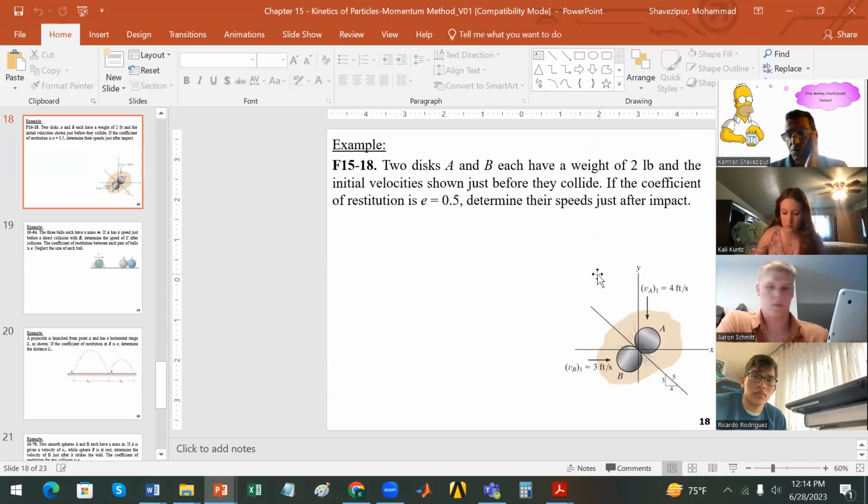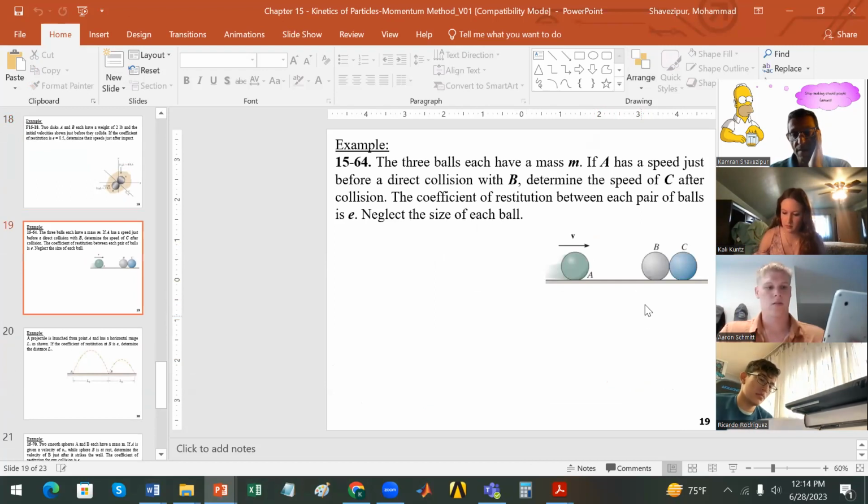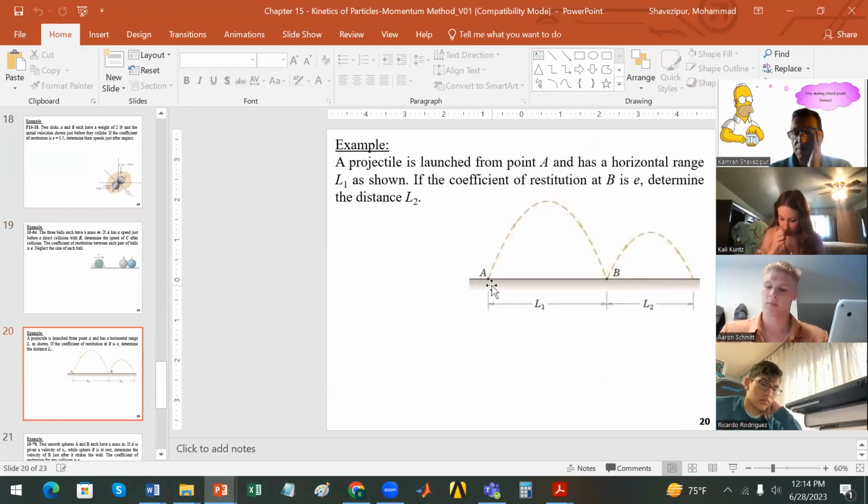I'm going to review what we learned. This was just oblique impact, right? Straightforward, getting the x and y components and equations. This was a direct impact, but parametrically, if you solve this problem, it is kind of similar to what we did. It goes from A to B.